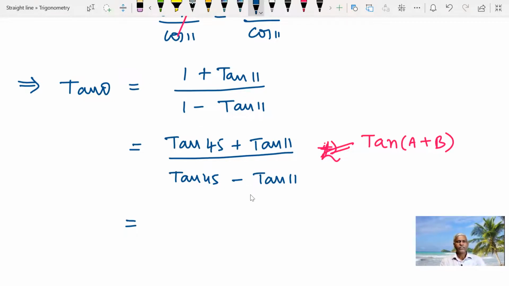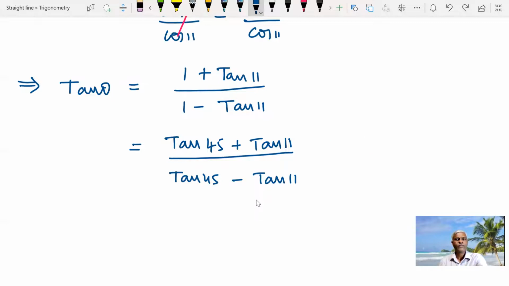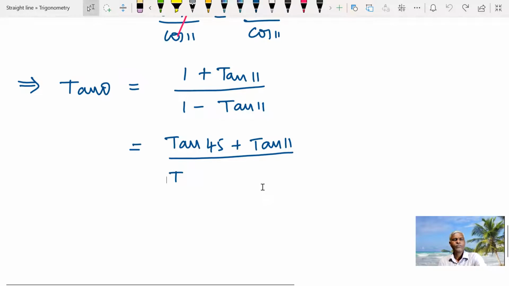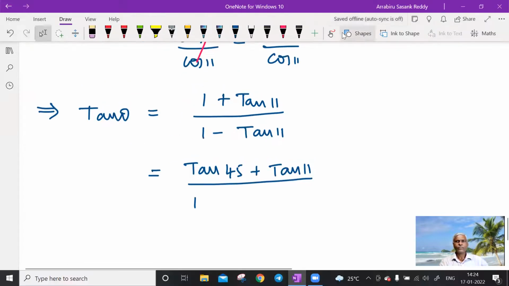So here just tan A plus B. So this you write as it is, this is 1 as it is, and minus as it is.